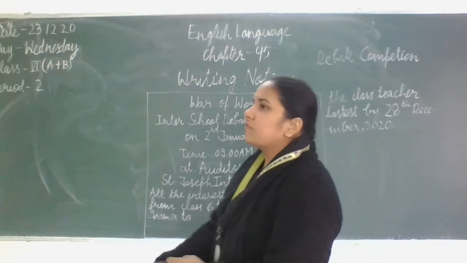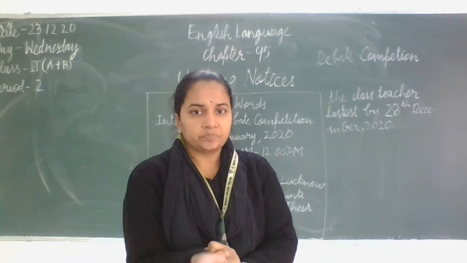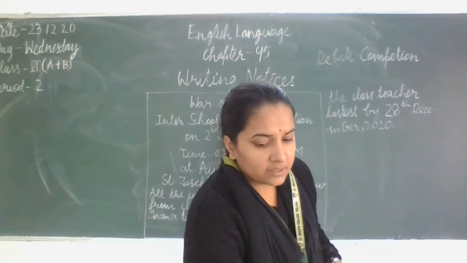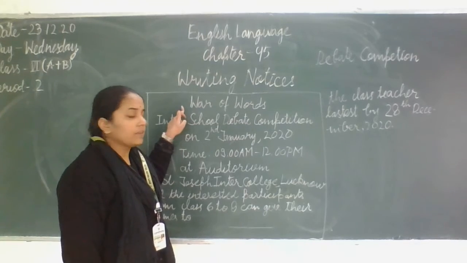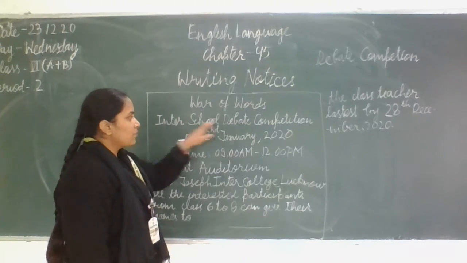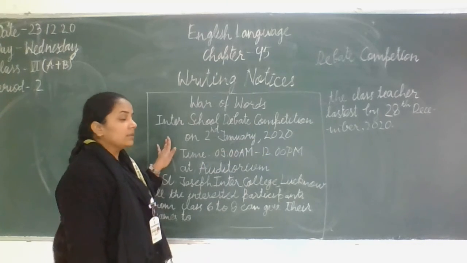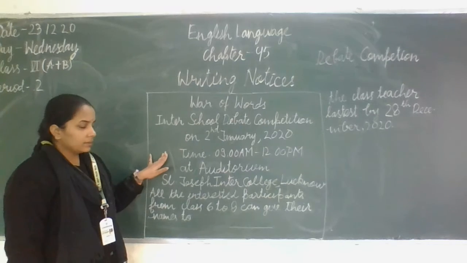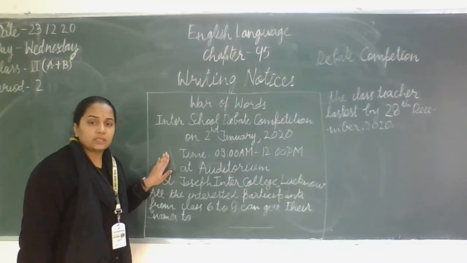Here you have all the details about the event. See, we have followed all the steps here. The first one was the catchline, the headline that we have given. Then the name of the event, inter-school debate competition. Then the date on which the event is to be conducted. Then the time, duration when the event will be conducted.